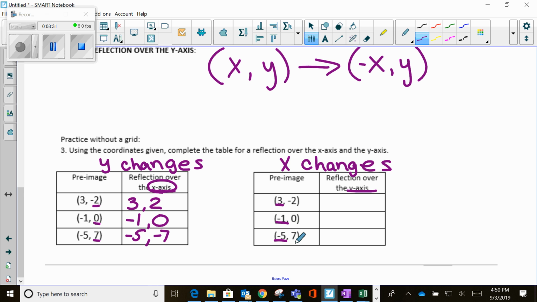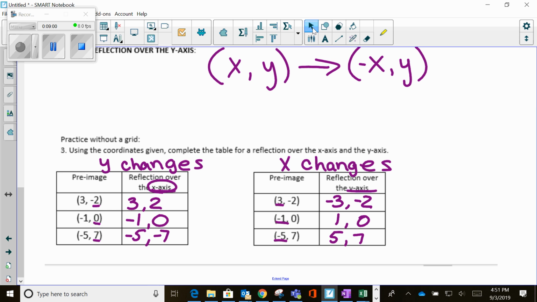Keeping the y the same, I'm going to rewrite my new point, changing the x value to its opposite sign. So this first point becomes negative 3, negative 2. The second point becomes positive 1, 0. And the last point becomes positive 5, 7. Noticing that the x value changed and the y value stays the same.